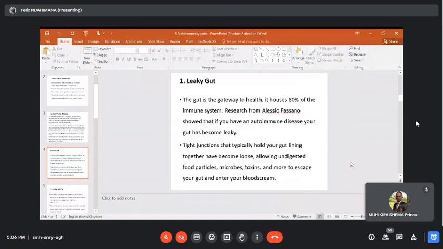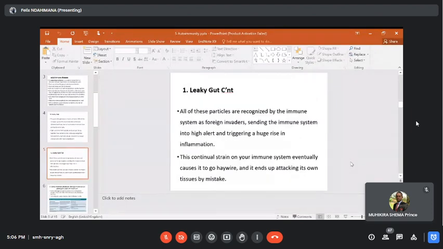They are loose, and this can allow some food particles, some microbes, some toxins, and so many other things to escape the gut and enter the bloodstream. So if these things that we are eating are moving with the blood, the immune system will recognize them as invaders, and of course it will react against them. All of this process sends our immune system into high alert and triggers a huge rise in inflammation.